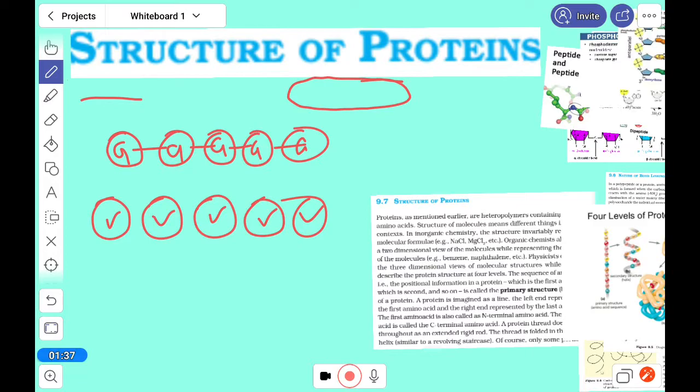It can be different. It can be valine, leucine, isoleucine, methionine, threonine, arginine. Okay, so 20 different types. So that is why it is called the heteropolymer. This polymer has different types of amino acids, which make the protein.